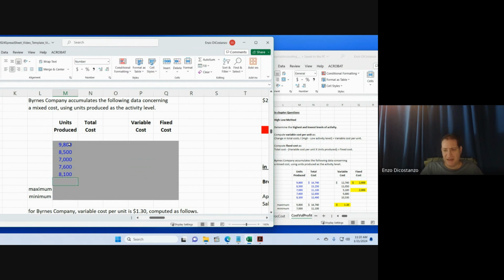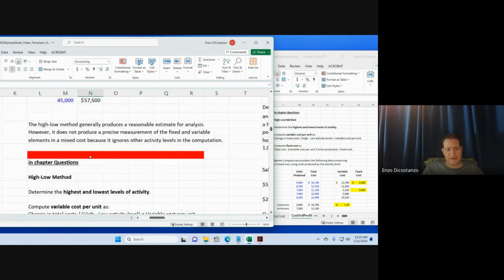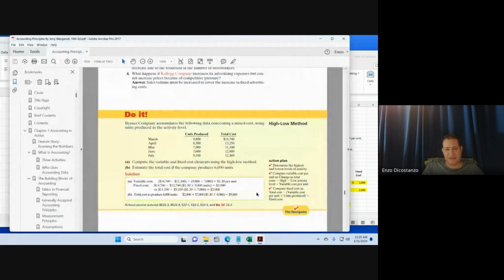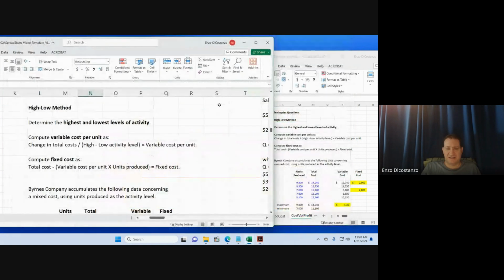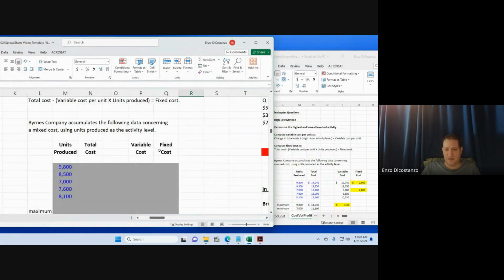So you put your data in. It doesn't say what kind of manufacturing this is. This is mixed cost data. We just read how to compute fixed costs, how to compute variable costs, and how to use the highest and lowest levels of activity. It doesn't say what they are making, but whatever these units are, and the prices.